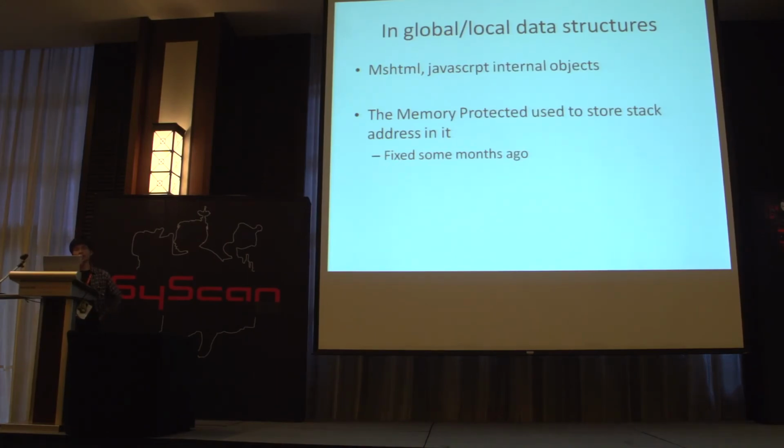And some global or local data structures in IE may also contain stack addresses. For example, the memory protector, which is used in the deferred free mitigation, will store stack pointers.